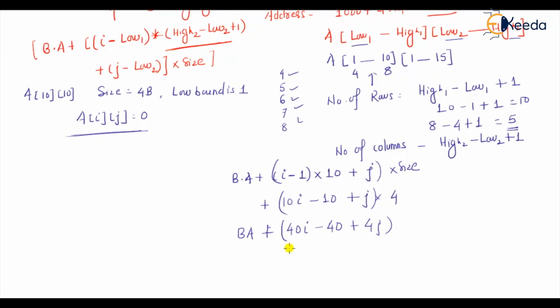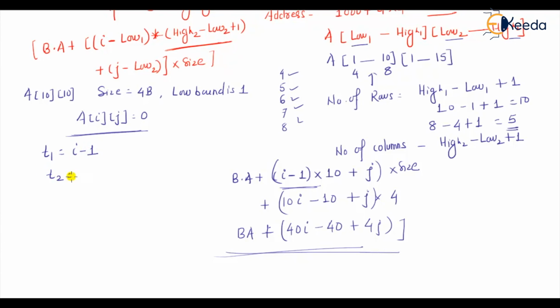Now I'll translate this into a flattened array that I'll access using one dimension. I can rewrite this one, and you can do the rest by yourself. I'll write T1 is equal to i minus 1.